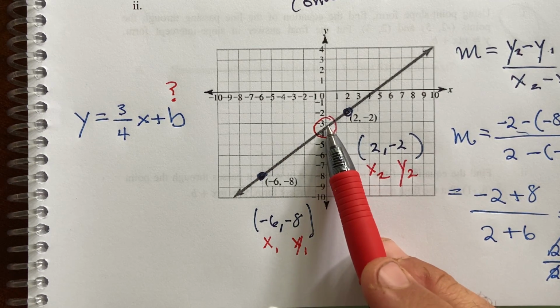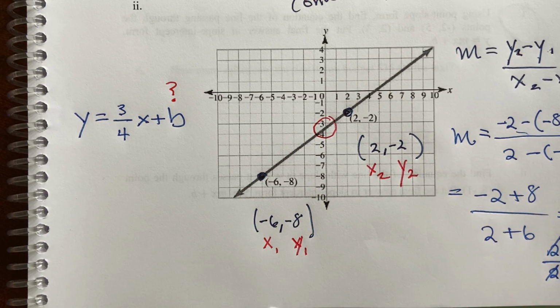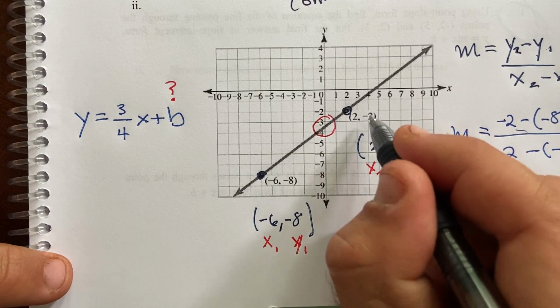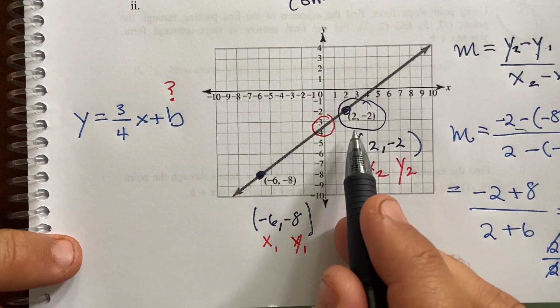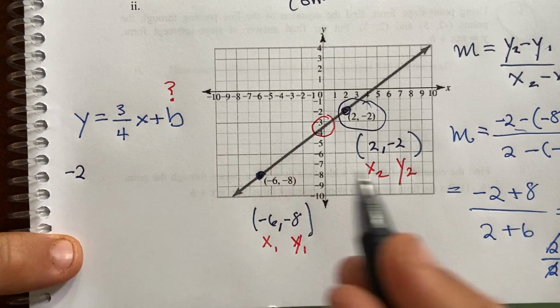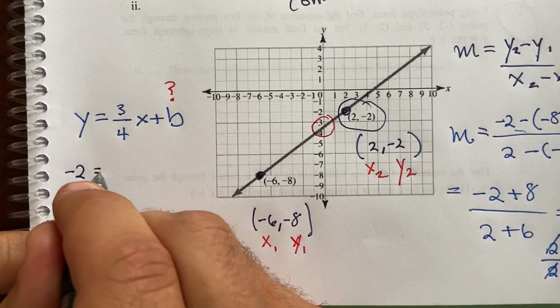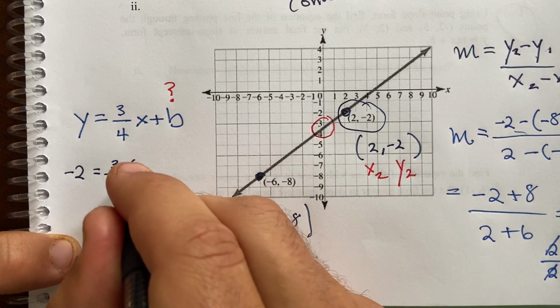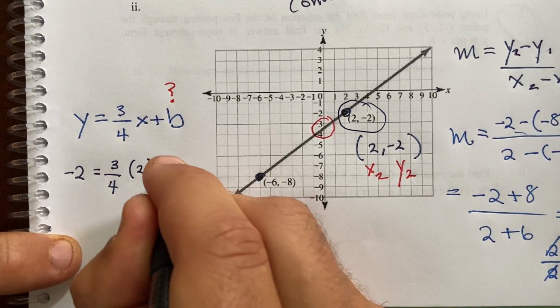It should be somewhere between -3 and -4. But how do we find it? We need to use one of our points. I'm just going to select this one and plug in x and y. So -2 is coming in for y, equals 3/4 times 2, which is replacing x, and then I can solve for b.